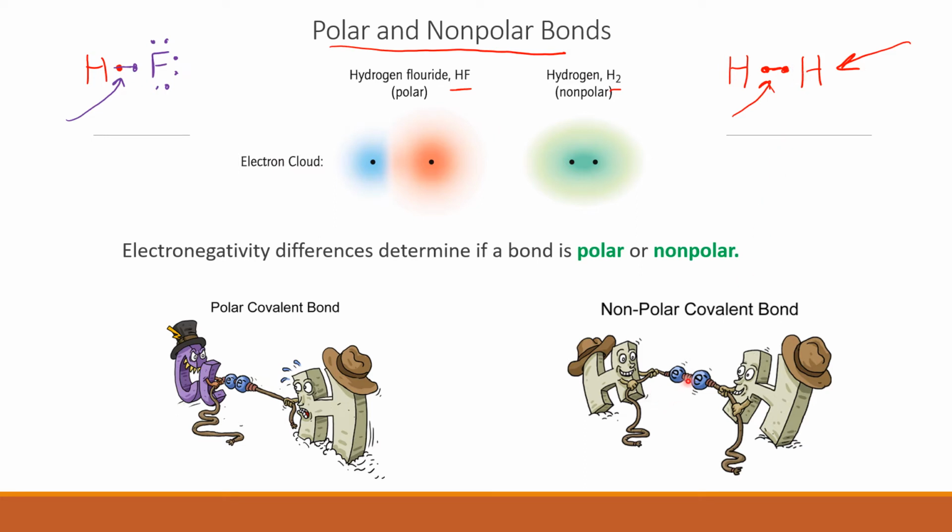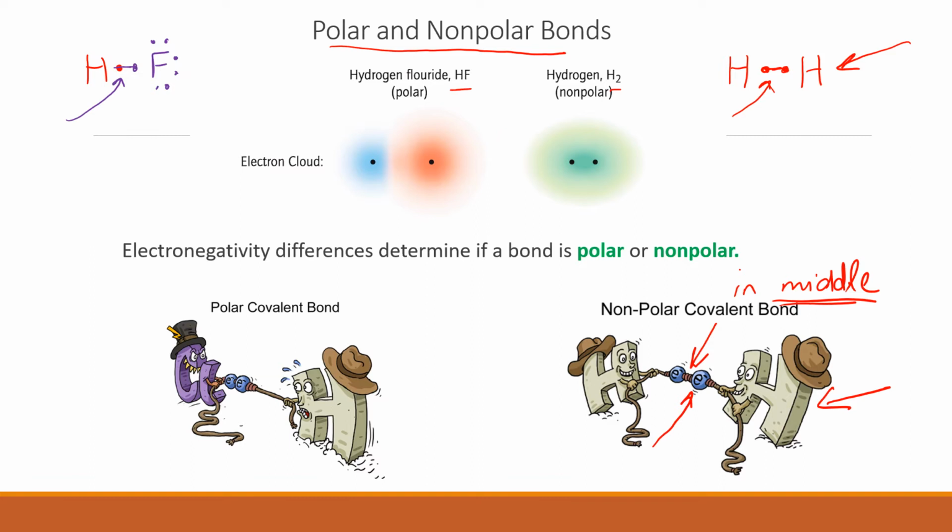So both of these atoms are pulling the shared pair with the same force. Hence, this shared pair remains right in the middle. The electrons do not move, so they are exactly in the middle.